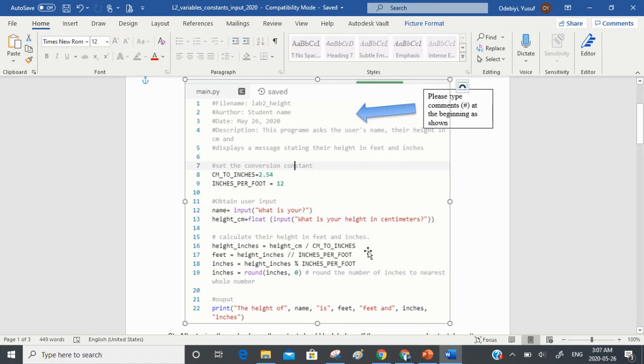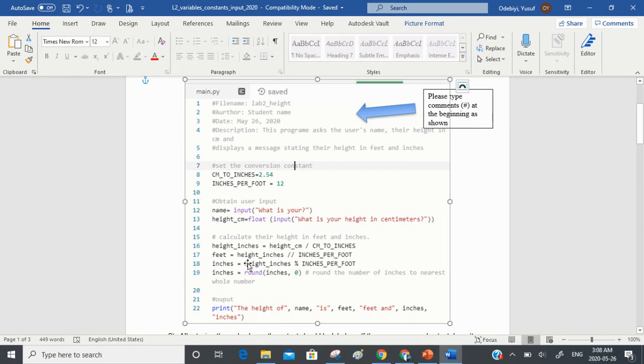That means it's not going to give you any decimal. It's just going to give you the first whole digit, and that's it. Then you have inches equals height in inches divided by inches per foot.